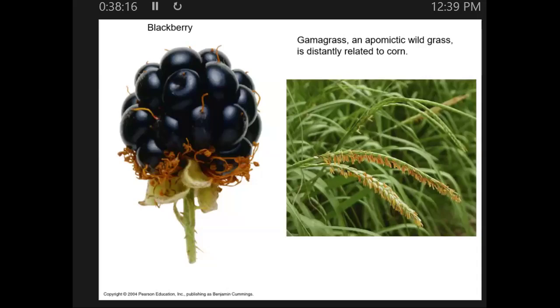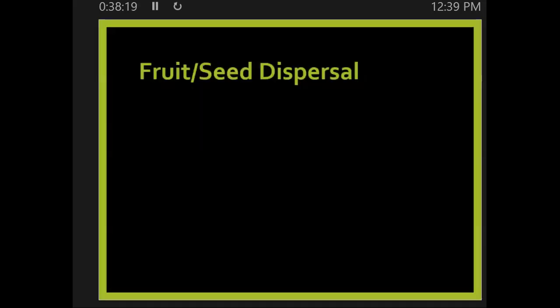Then the idea is you don't necessarily want all the fruit to drop to the base of the mother plant and germinate there. You often want it to go to distant habitats, set up camp somewhere else. And so now we're thinking about the design of the fruit and what might be its mechanism of dispersal.